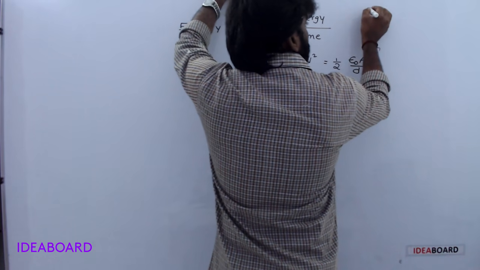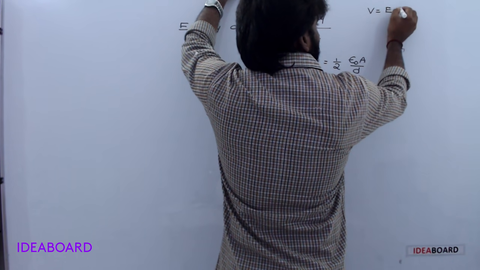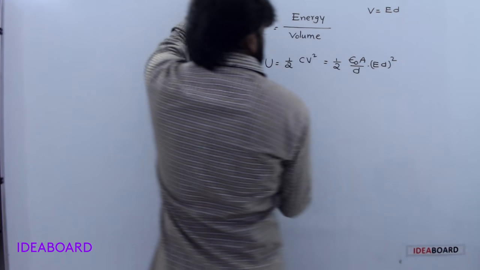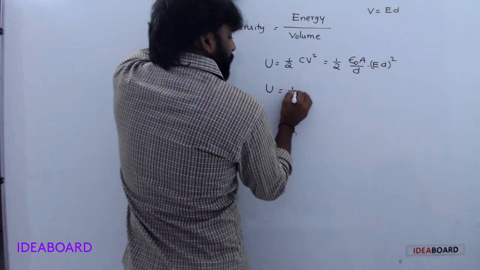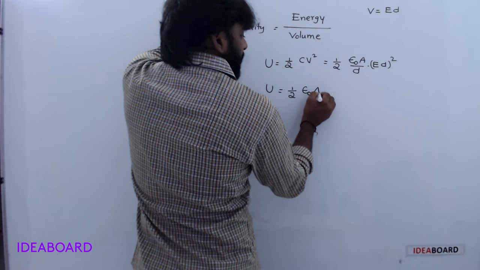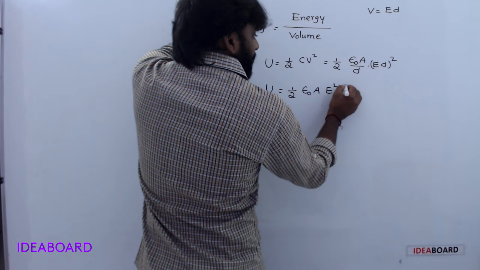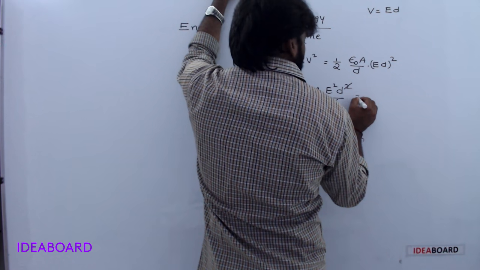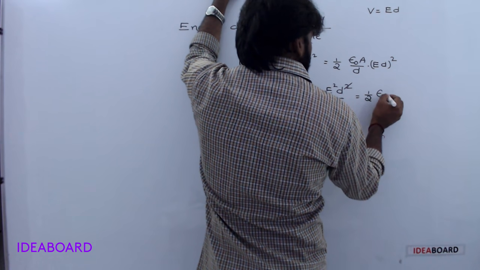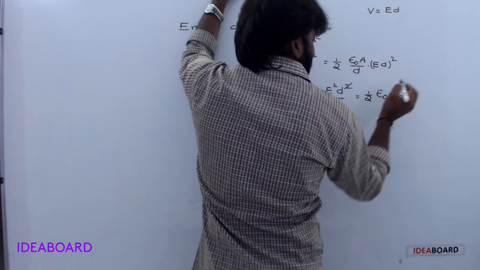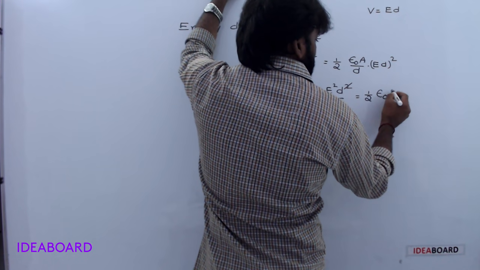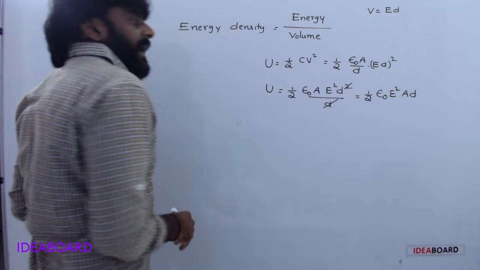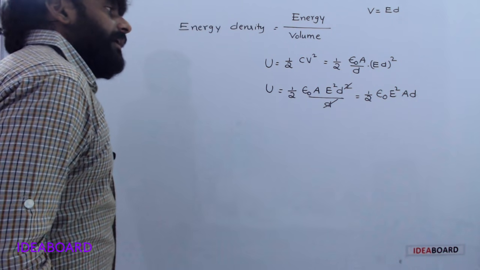V means potential; V is equal to Ed, whole square. U is equal to ½ε₀A E²d²/d. Here d cancels. ½ε₀Ad. Okay, ½ε₀E² into Ad.